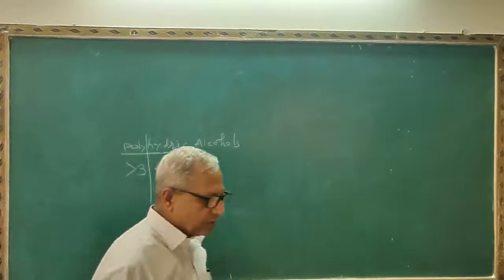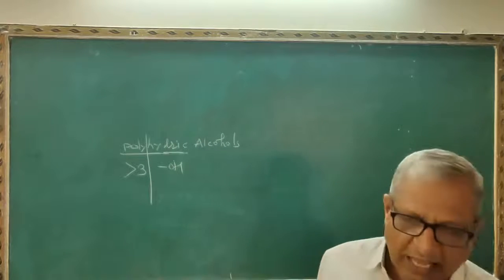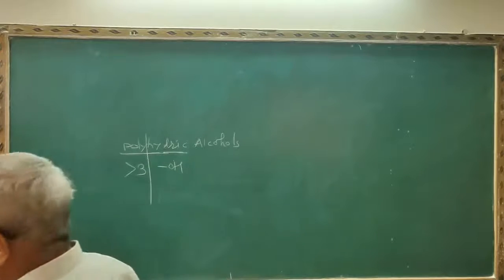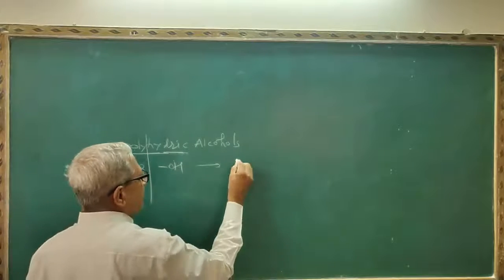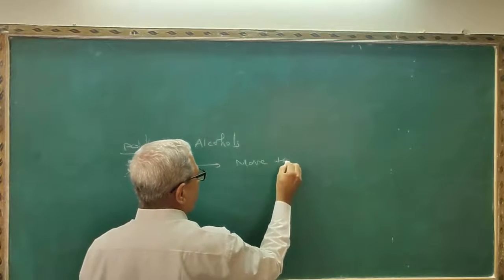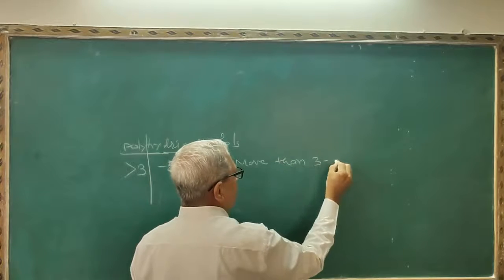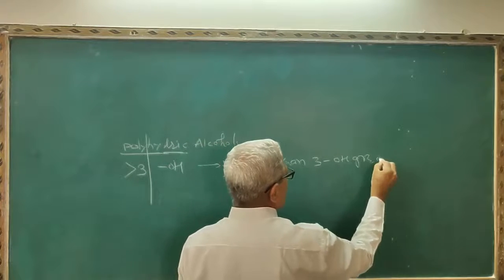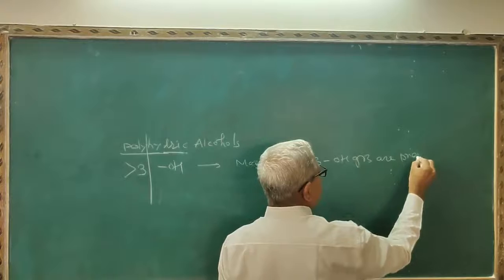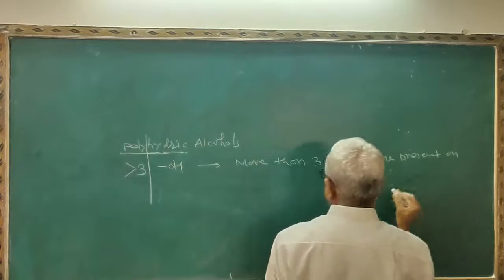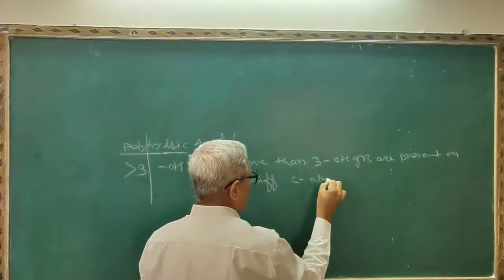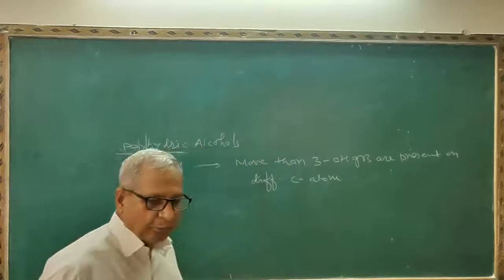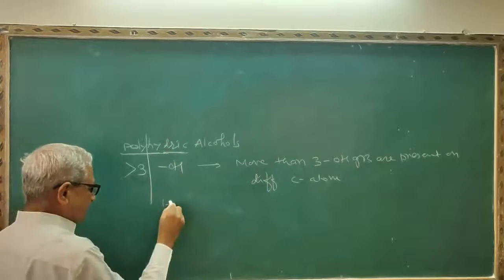That is, alcohols containing more than 3 OH groups are called polyhydric alcohols. So remember that more than 3 OH groups are present on different carbon atoms. So this is the important point here. And see the example here.